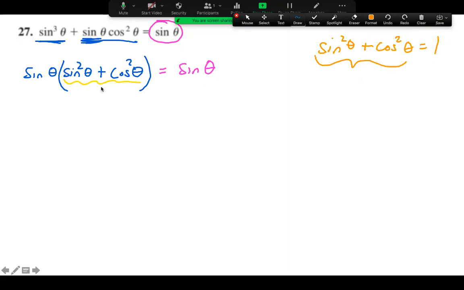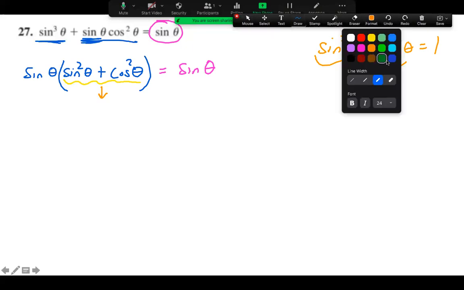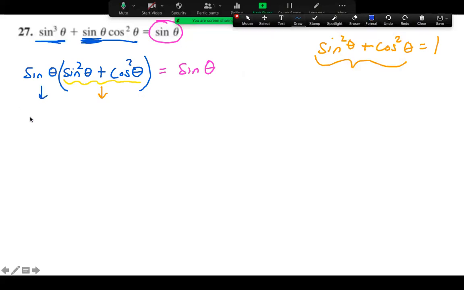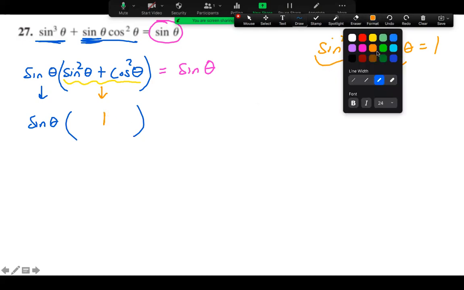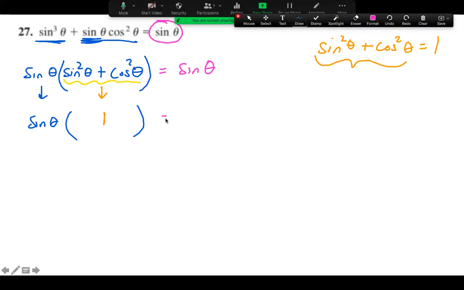So I'm going to bring down my sine theta, and I'm going to replace sine squared theta plus cosine squared theta with just 1 due to the Pythagorean identity. And the left side has to ultimately equal sine theta.